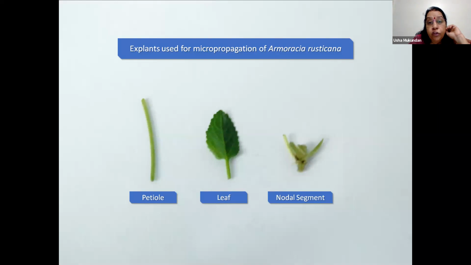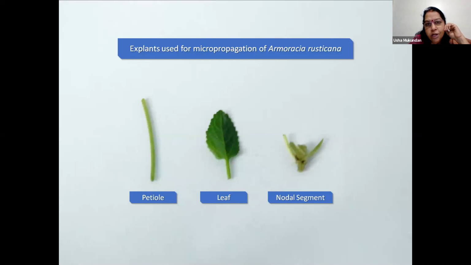It belongs to the family Cruciferae, Armoracia rusticana, and our lab has been using this material for many studies on peroxidases. So it is a very good in vitro system for carrying out a lot of research work.